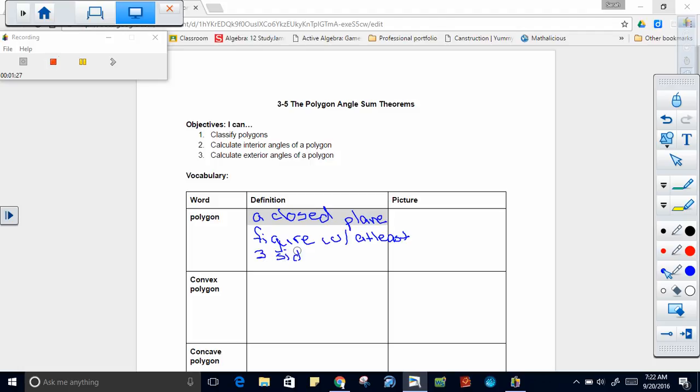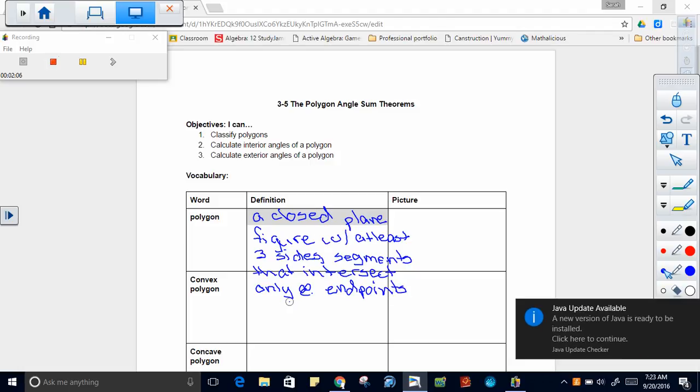Those sides are segments that intersect only at the endpoint. So they can't cross. This should all be in that polygon box, by the way.